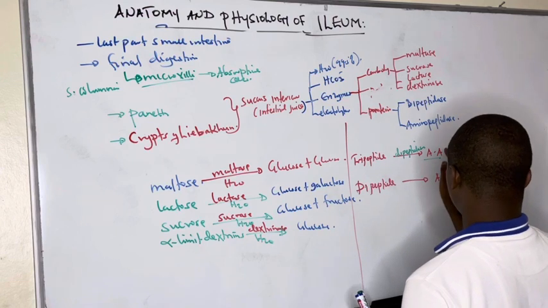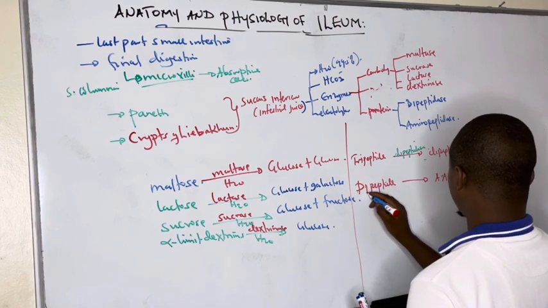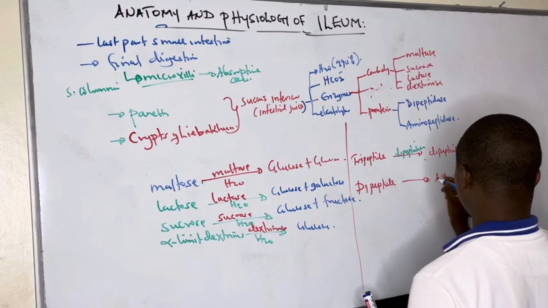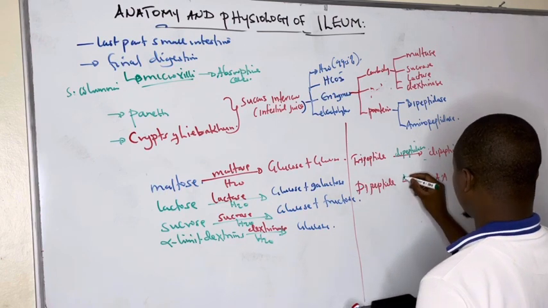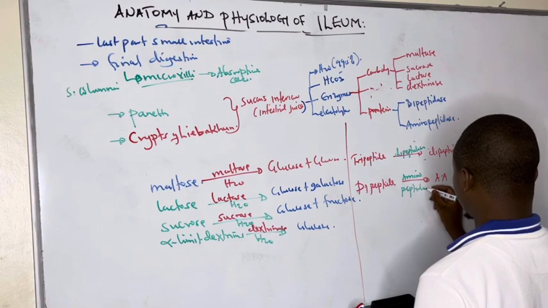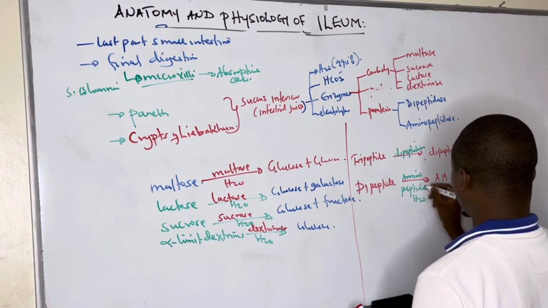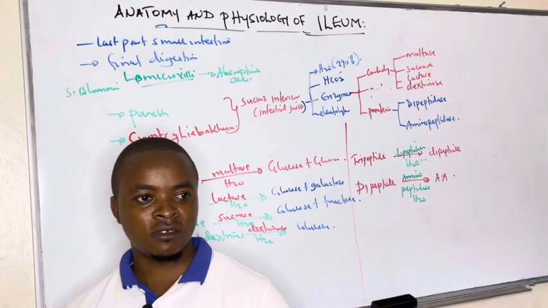This one forms dipeptide, not amino acid. Then these dipeptides which are formed are broken further to amino acids by aminopeptidase, in the presence of water, because these are hydrolysis reactions.